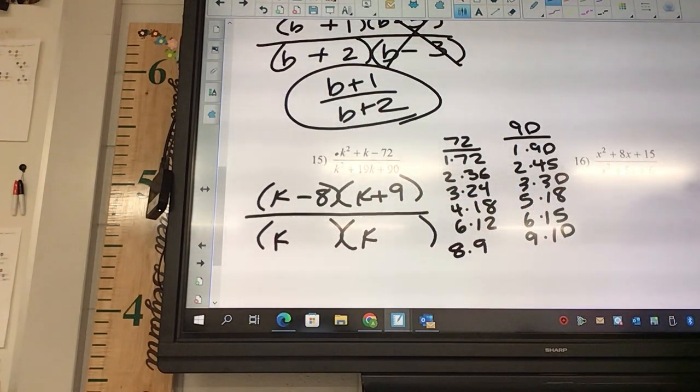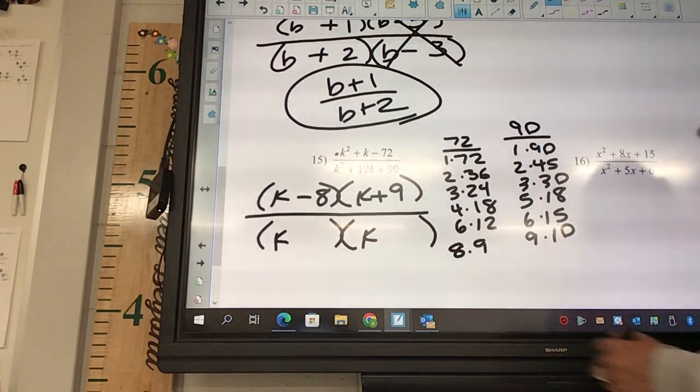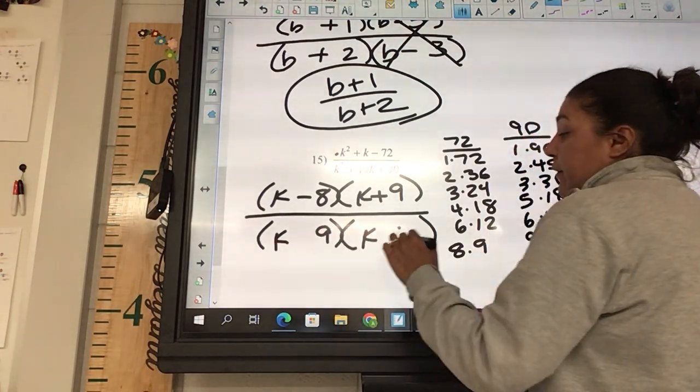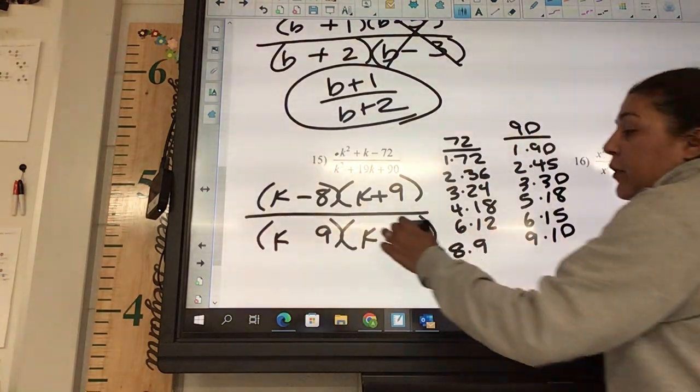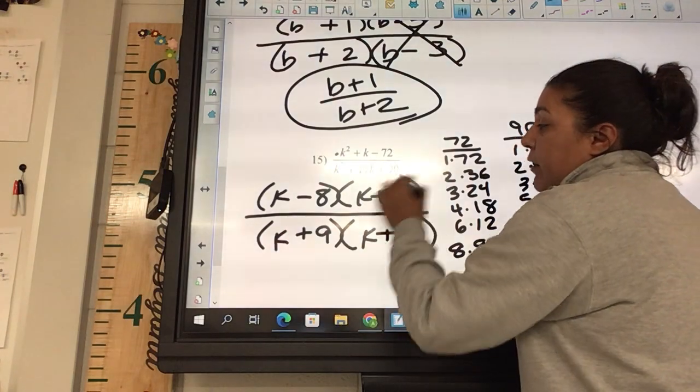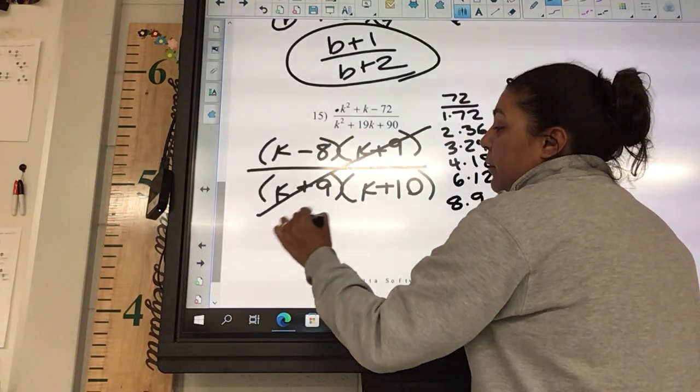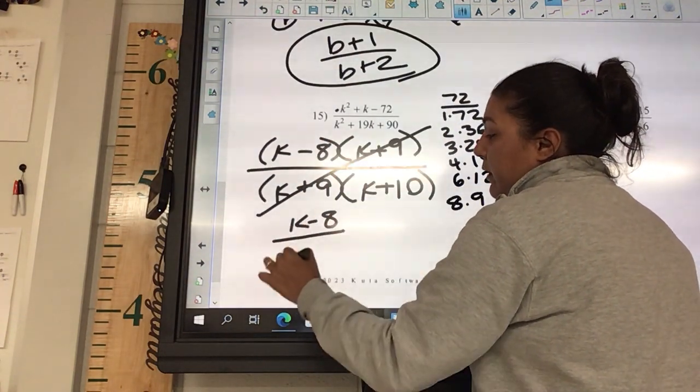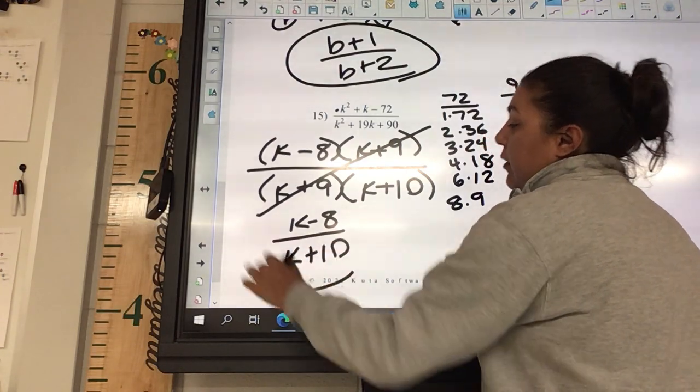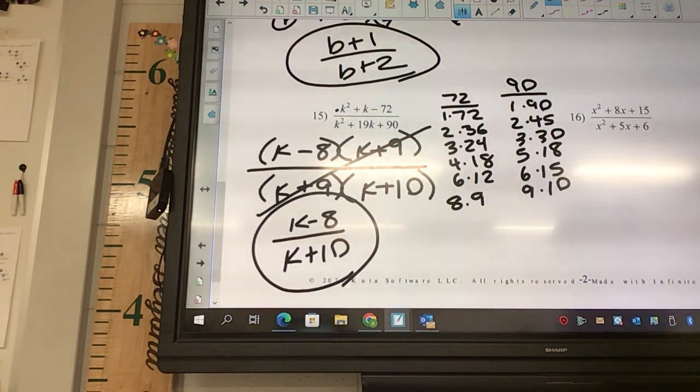So which group is it going to be? 9 and 10. Okay, and I need a positive 19. Plus plus, and I can cross off these two. Okay, so I'm going to get K minus 8 over K plus 10. Okay, you guys have 8 to do.